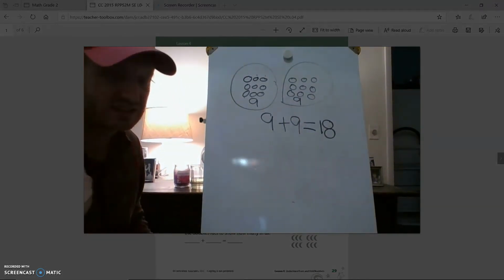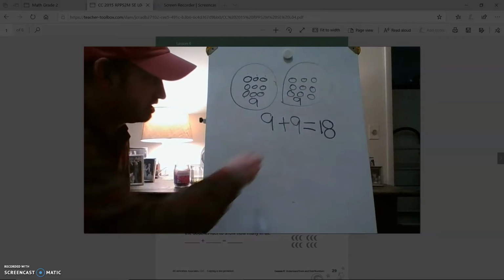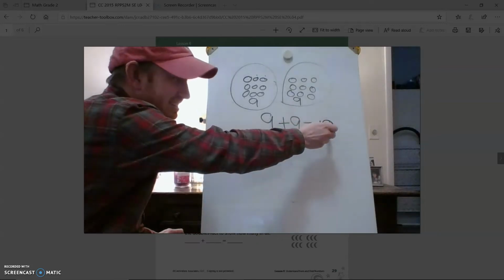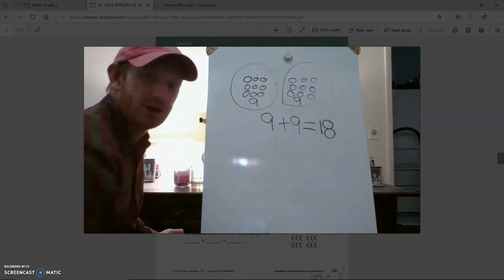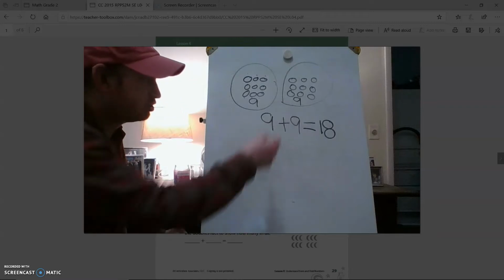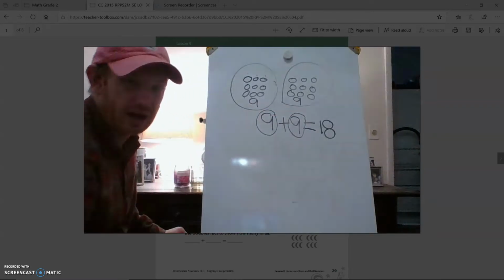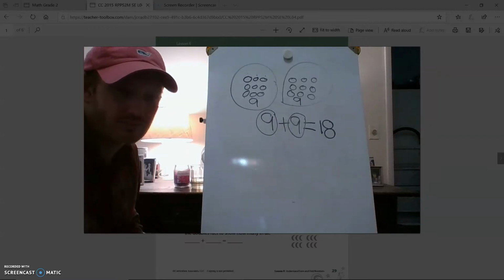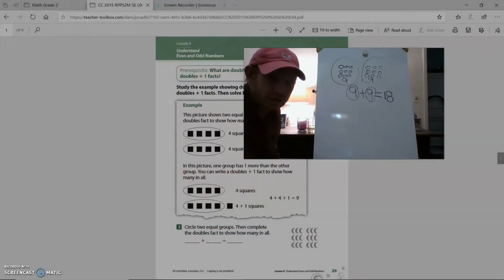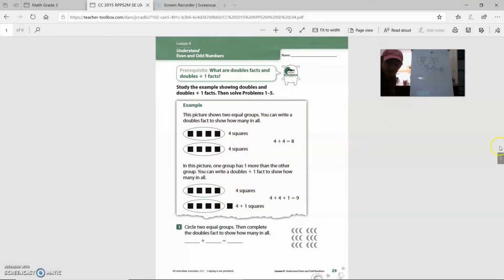And just for us, let's remember that it's a double, so 18 is going to be an even number, because 18 can be broken into two equal groups, 9 and 9. All right, let's move on to the next page and the next problem.